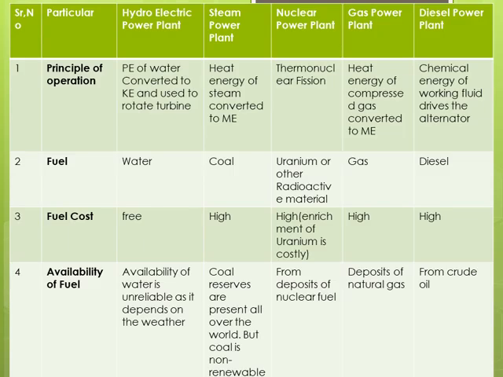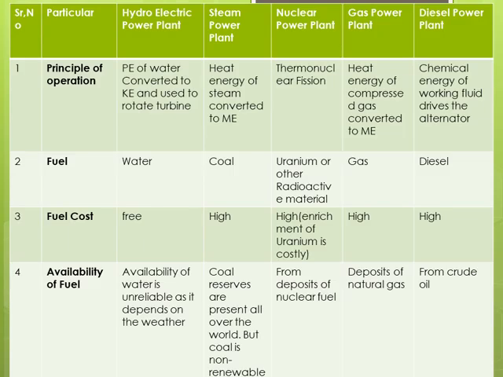In nuclear power plant, we use fission reaction for the generation of energy. Then in gas power plant, heat energy of compressed gas is used to drive the prime mover. Then in diesel power stations, chemical energy of working fluid drives the alternator.